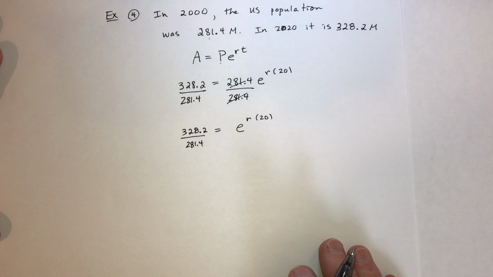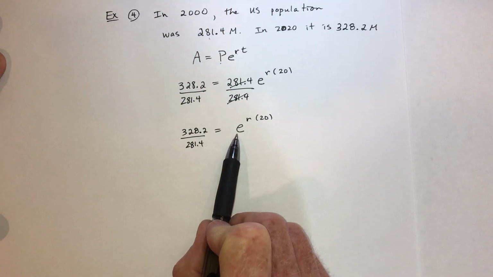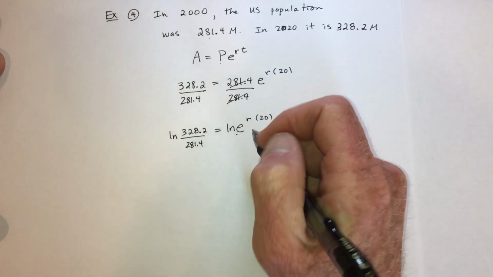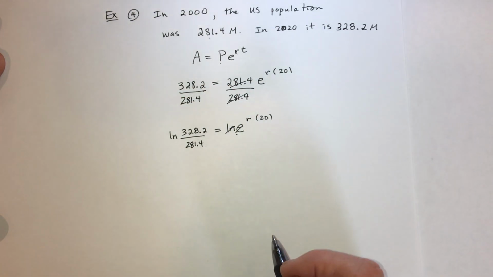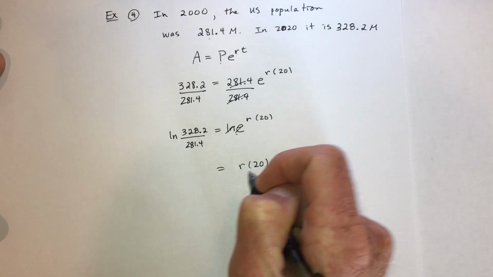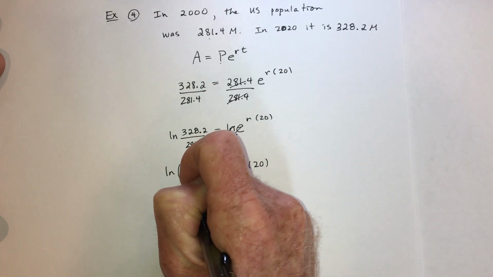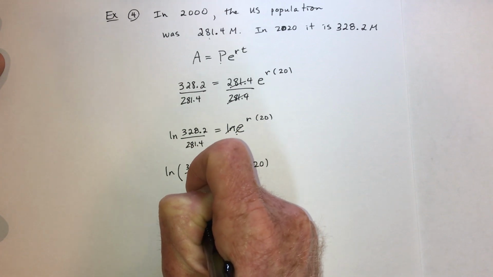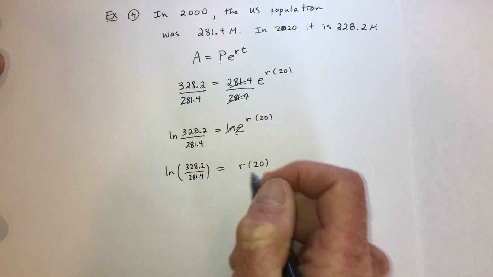All right, the next thing is we need to eliminate e. And the way to do that, use natural log. These two are inverses of each other, so they cancel each other out. And then it's going to be natural log of this, 328.2 divided by 281.4.